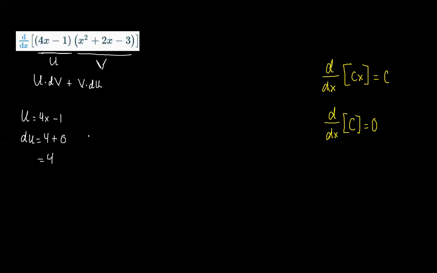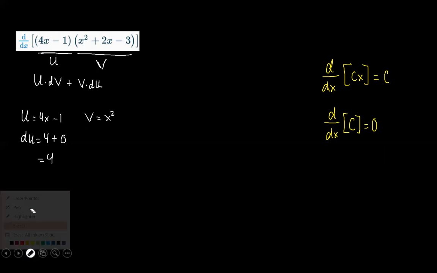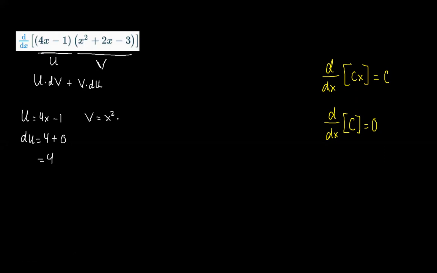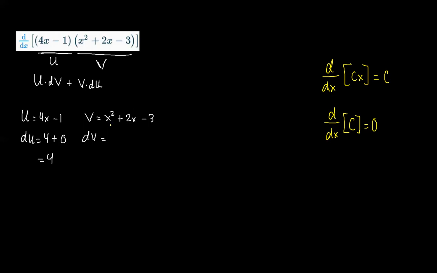Next, for V. Your V here is x squared, oops, hold on, let me fix that. So x squared plus 2x minus 3. Let's get the derivative of your V. We have x squared here, and as you can see, this one has a variable which also has an exponent.